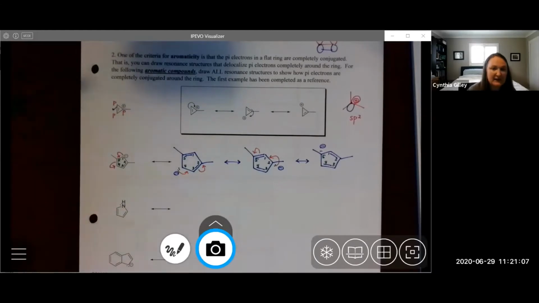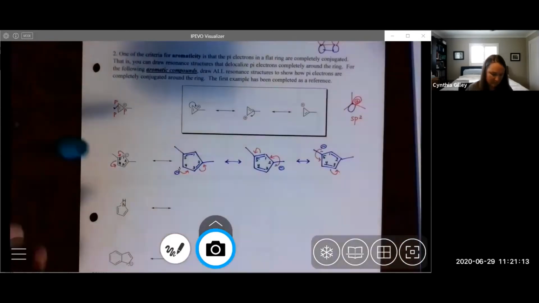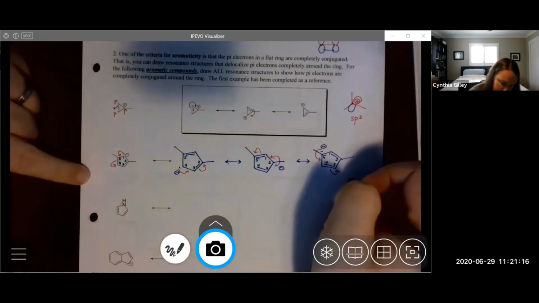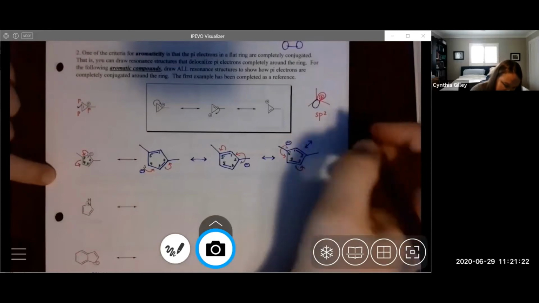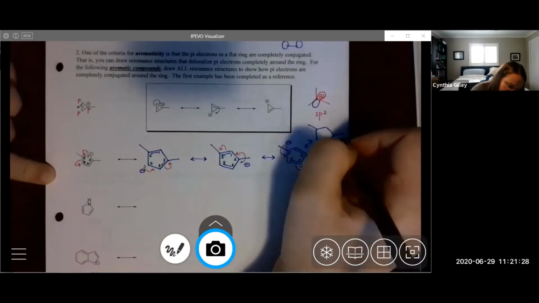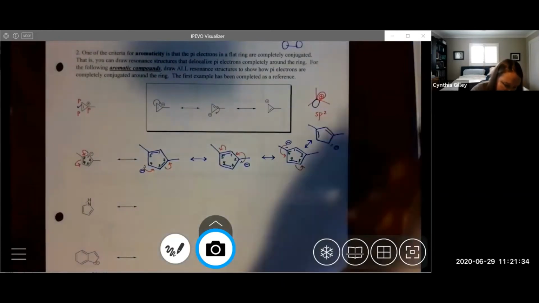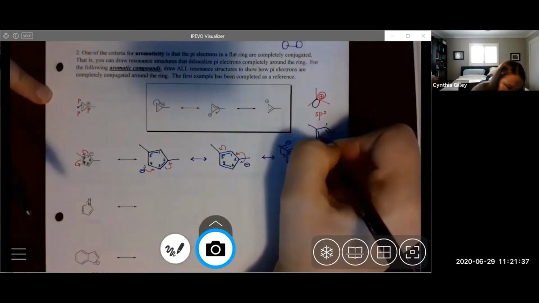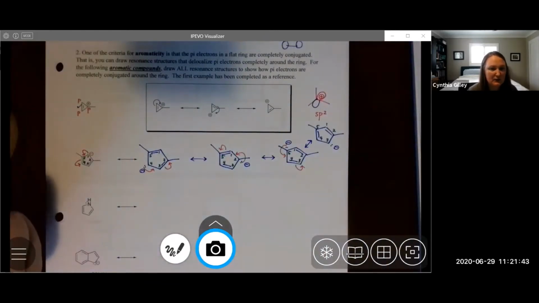So the last one I need to hit is carbon number 3. That's the idea, to delocalize the charge. Sometimes there's a lone pair, sometimes there isn't, to every position.